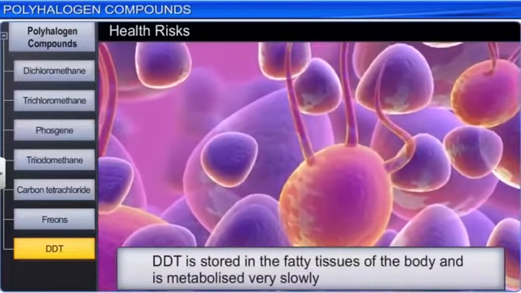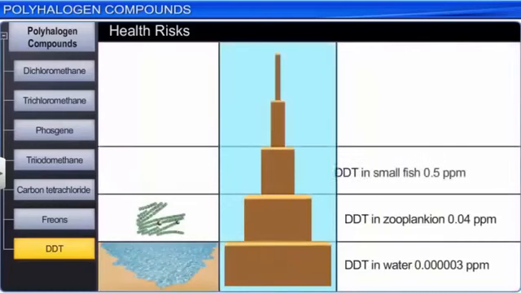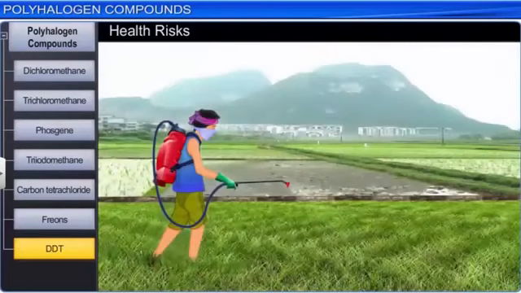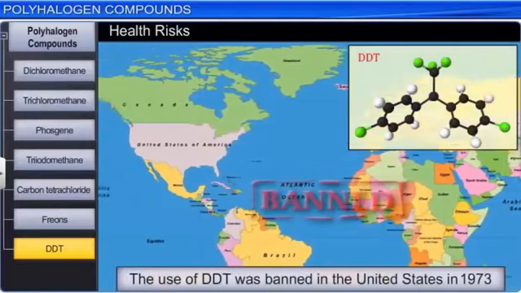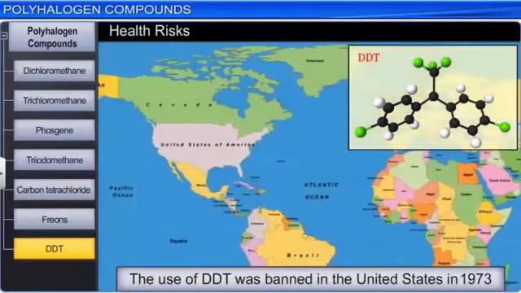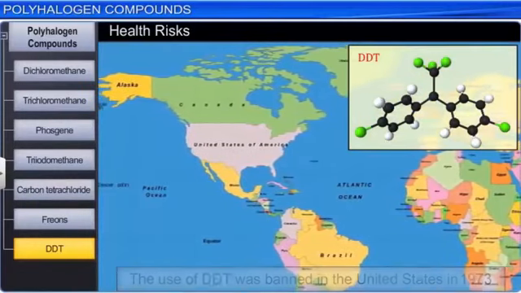As a result, it persists in animals and becomes more concentrated in species higher in the food chain. The use of DDT in agriculture has led to measurable DDT levels in humans. The use of DDT was banned in the United States in 1973. However, it is still in use in some parts of the world.